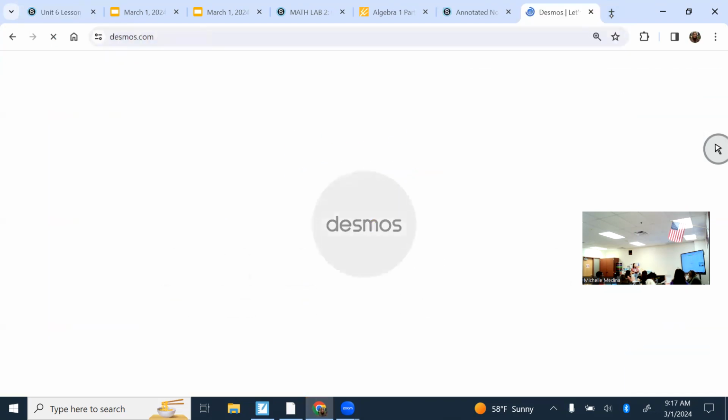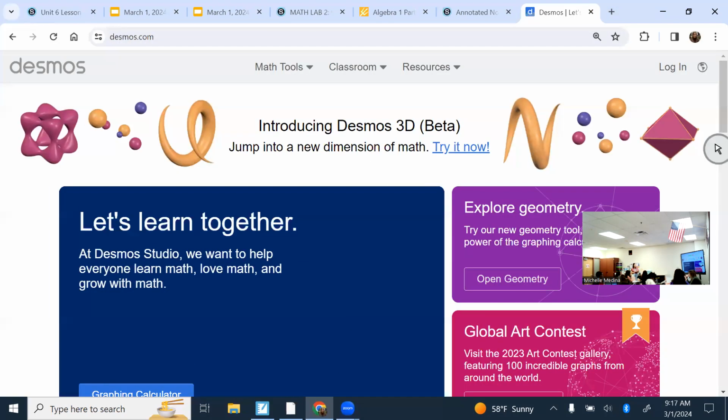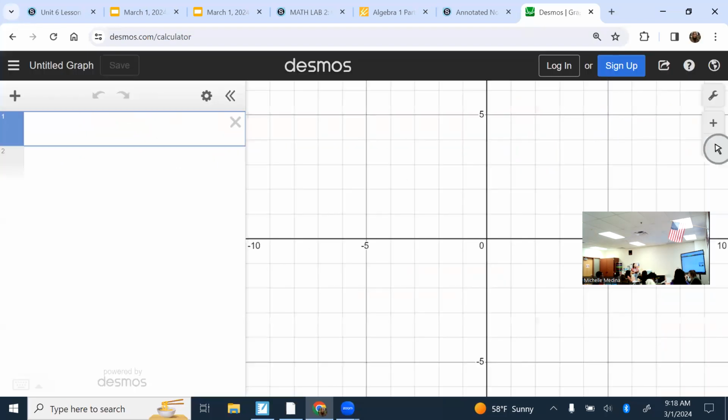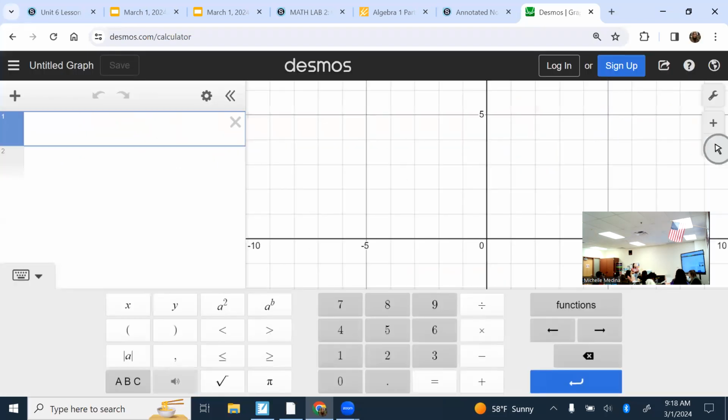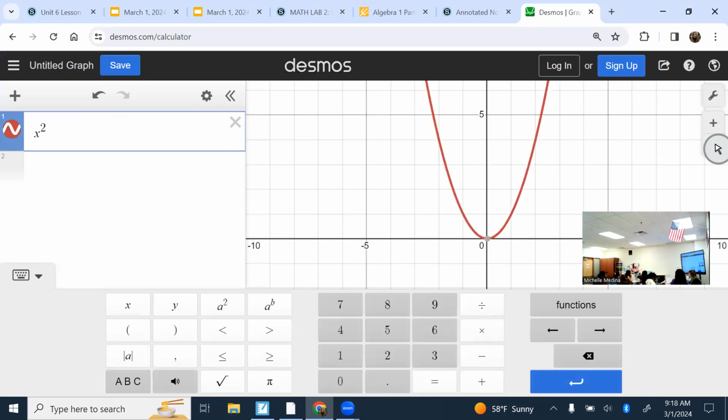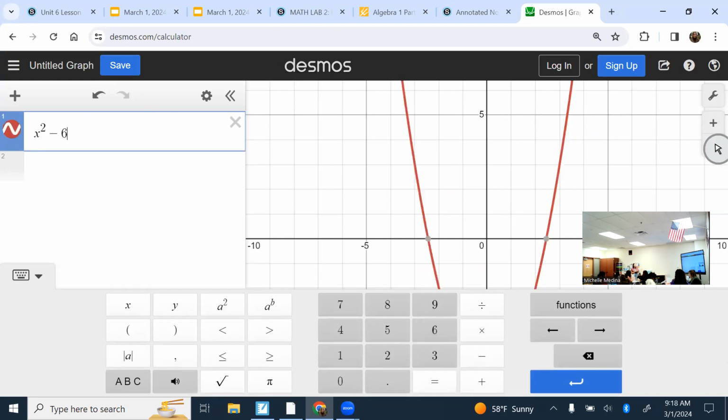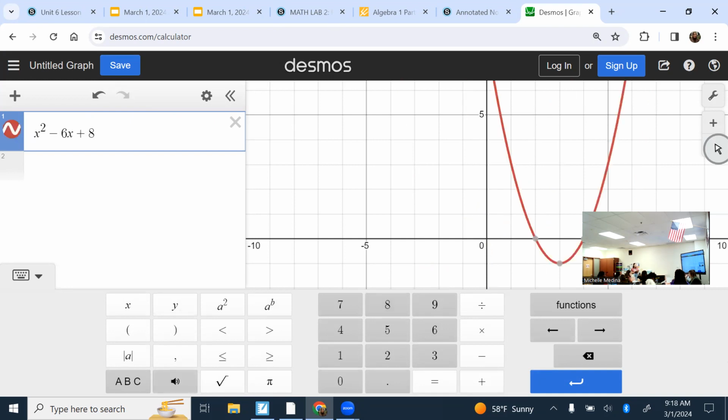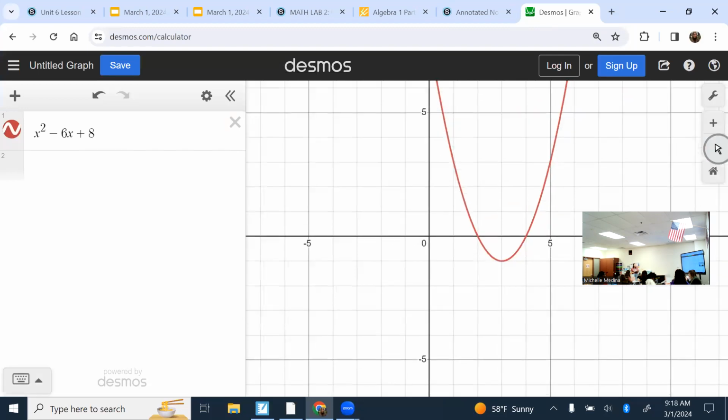X squared minus 6x plus 8. And you can do the other form too. It should give you the exact same graph, no matter which one you plug in. But it wants to know when y is -1, y would be -1 here.